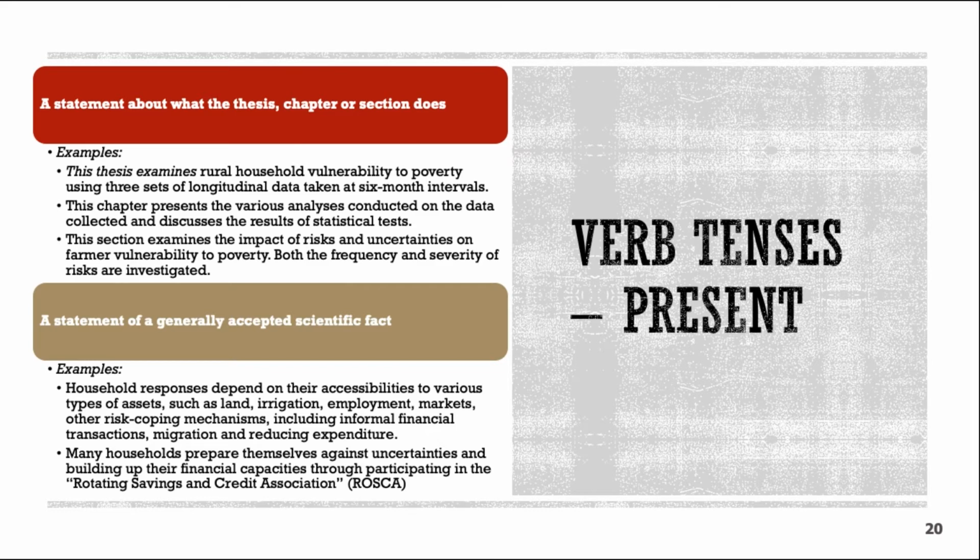Or we can say many households prepare themselves against uncertainties and build up their financial capacities through participating in, for example, rotating savings and credit associations. So this is a general fact, or generally accepted scientific fact. So no need to have a citation for them.